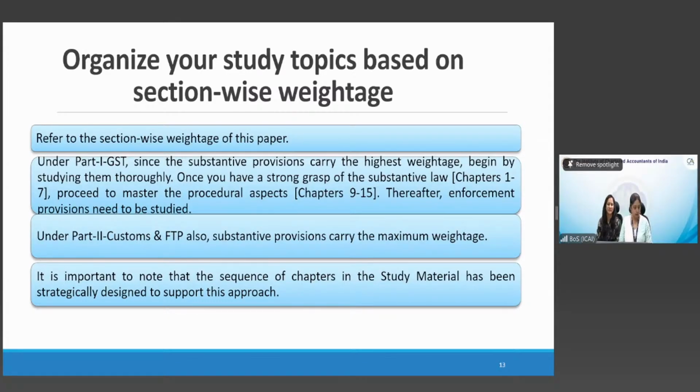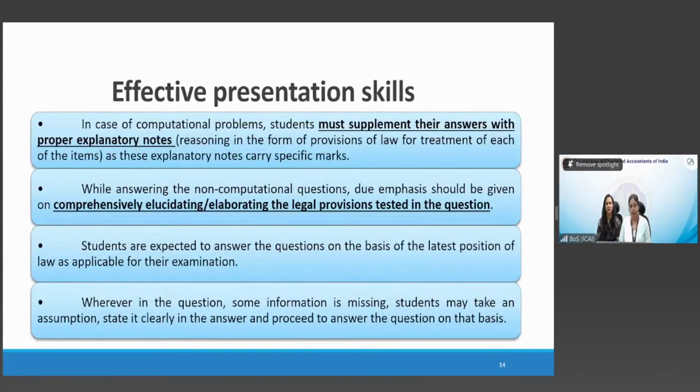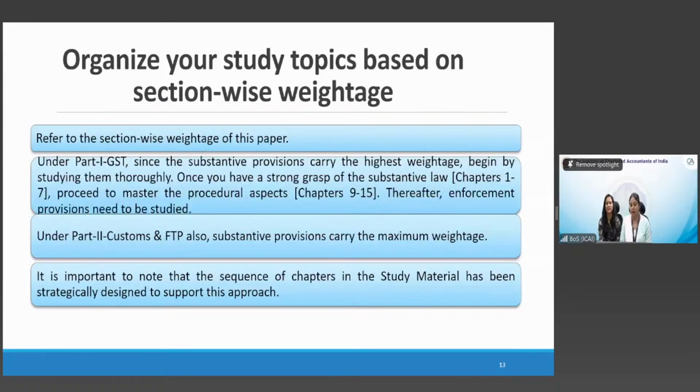Under Part 1, GST, as we have discussed, the substantive provisions which are covered in Module 1 of the study material plus input tax credit, the first chapter of Module 2 of the study material, carry the highest weightage. Begin by studying them thoroughly. You have to study GST in a sequential manner, because then only you will be able to understand the provisions and apply them in a better manner, because the fundamental aspects of GST are the backbone of GST.